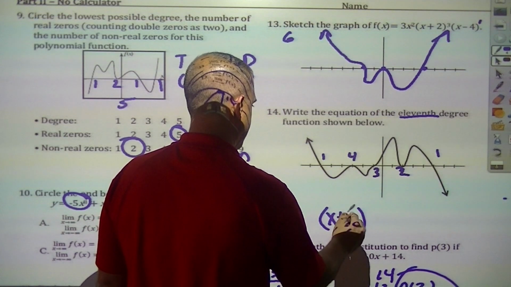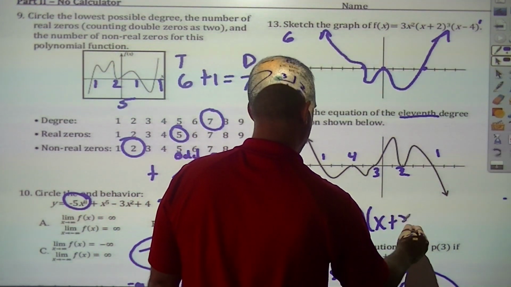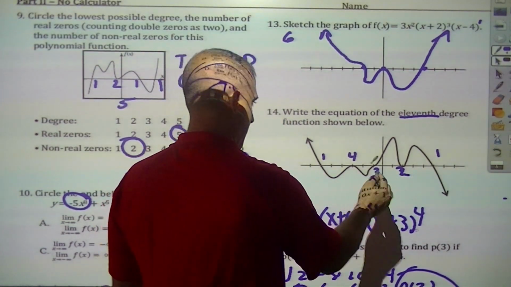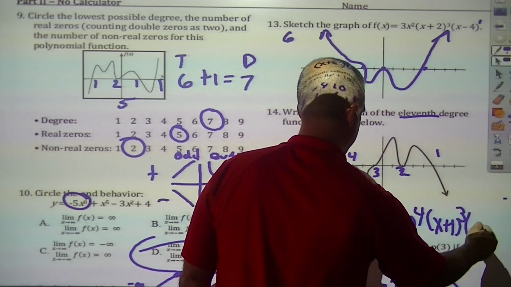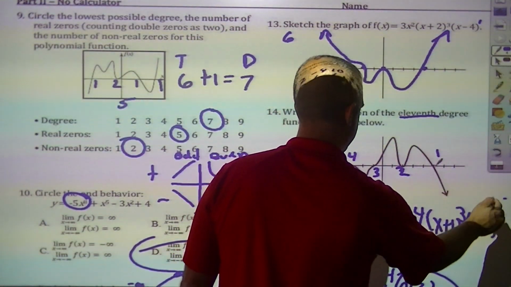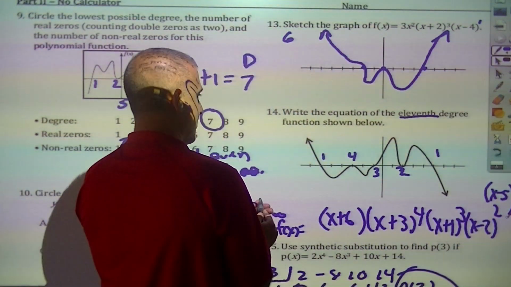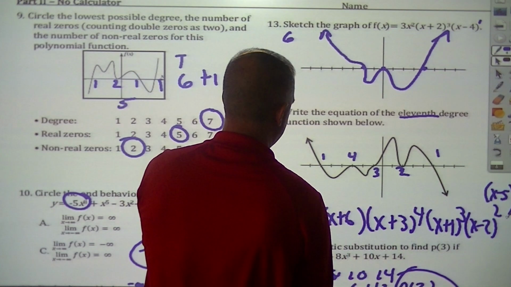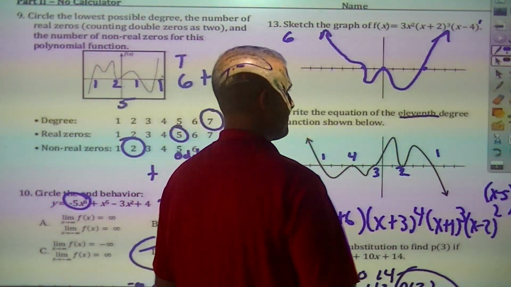So x plus 6. This is x plus 3 to the 4th. This is x plus 1 cubed. This is x minus 2 squared. And this is 1, 2, 3, 4, 5. This is x minus 5. Now, since this is a negative polynomial, I have to put a negative there because it's a negative odd.